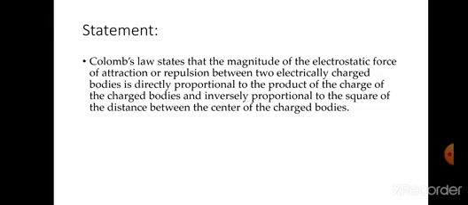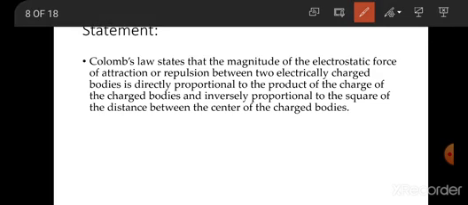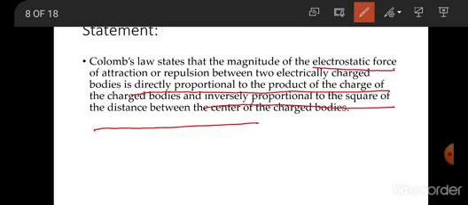In this statement, you have to keep in mind that Coulomb's law talks about the electrostatic force between two charged bodies. So this force is directly proportional to the product of the charges and inversely proportional to the square of the distance between the centers of the charged bodies.